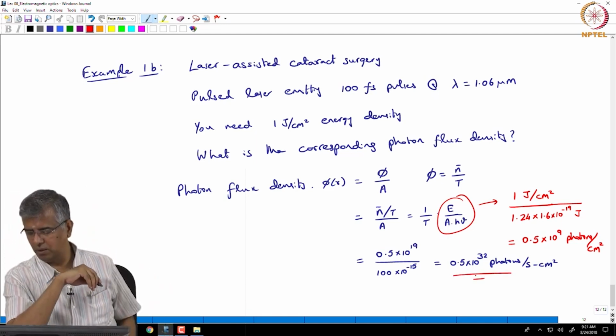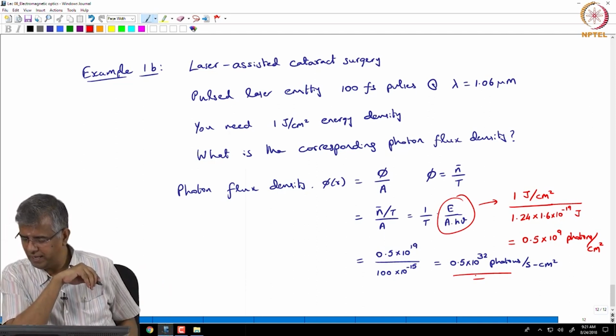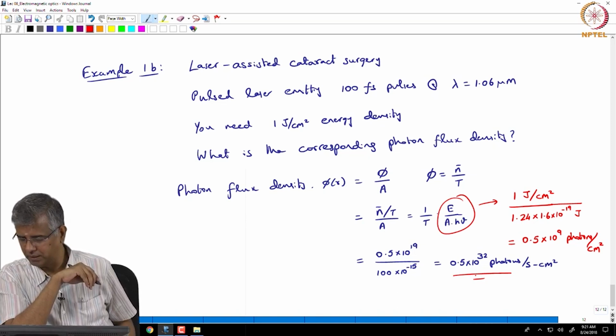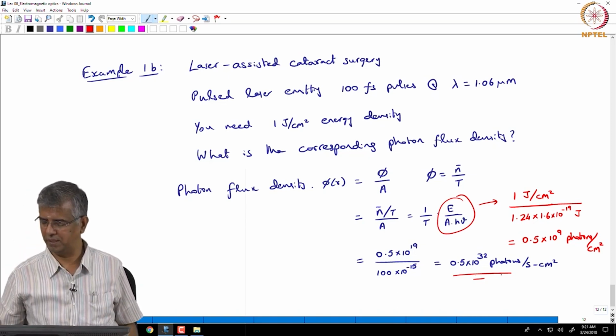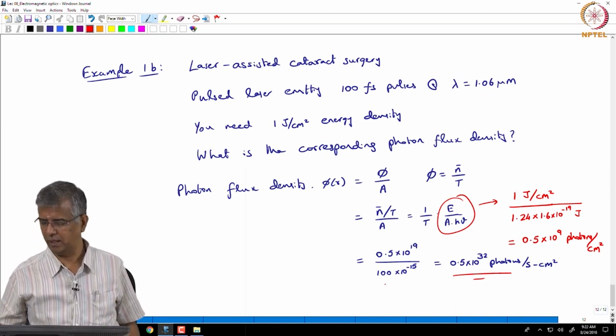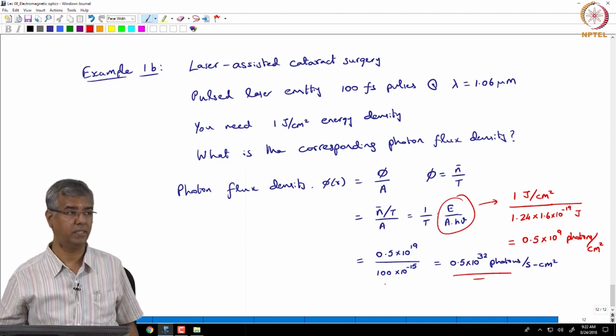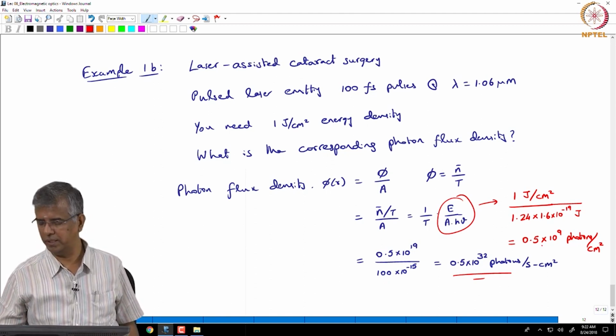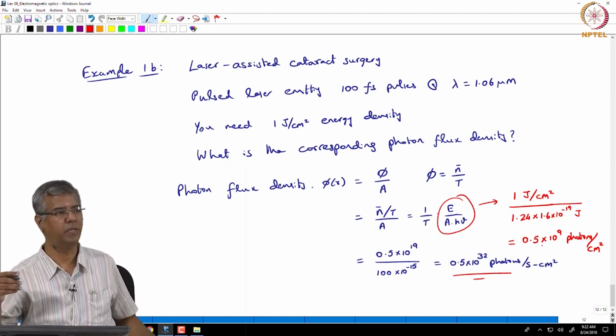Now that actually sounds like a really large number, but what probably makes sense is that it's not the photon flux density that you are interested in. You are looking at the photon density. So you have already packed so many photons.